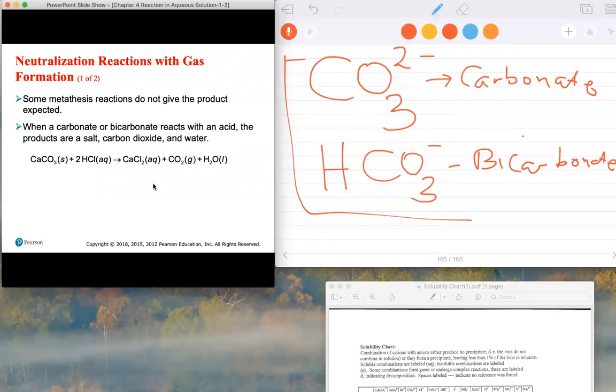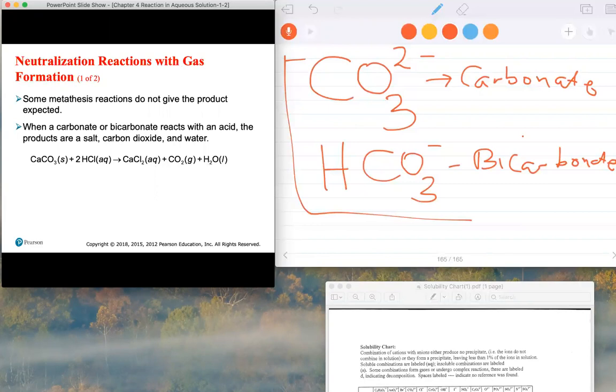So here is calcium carbonate, and here is HCl. Assuming that I don't know the products right here, I expect to relate this to the neutralization reaction which produces CO2, and carbonate produces CO2 and H2O.